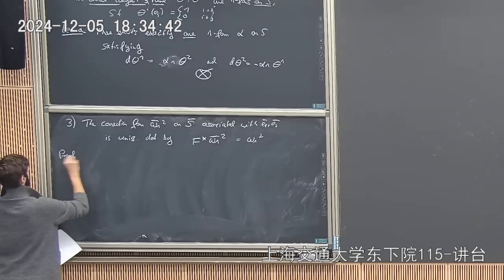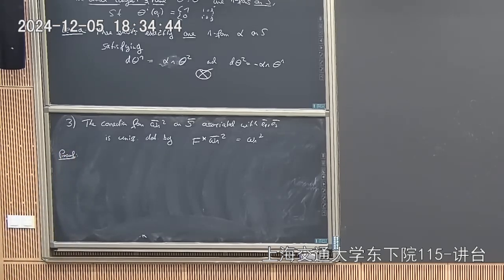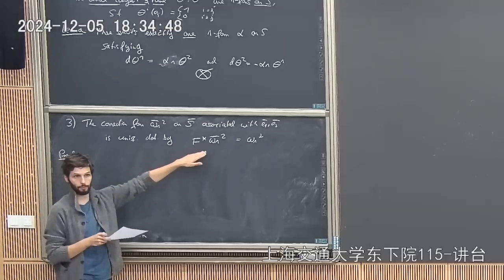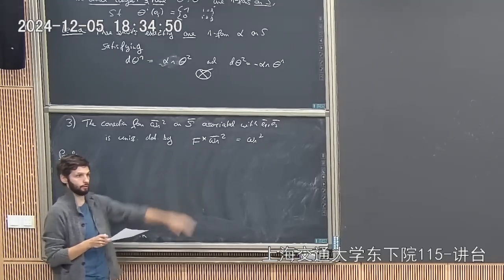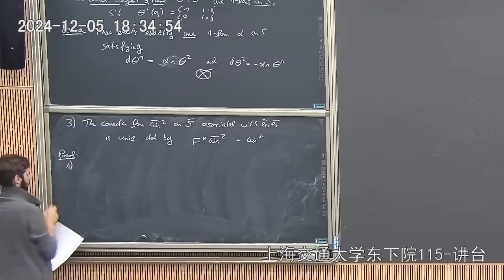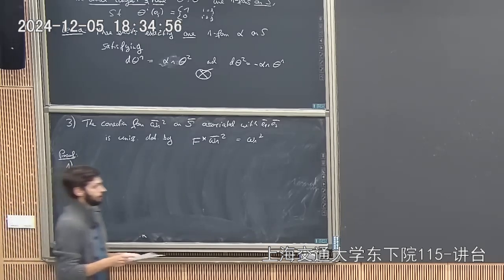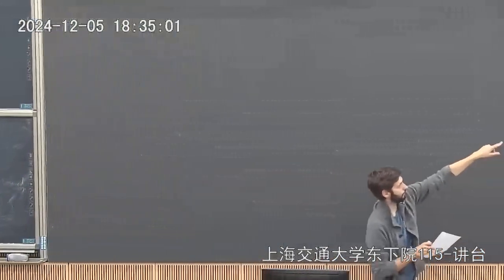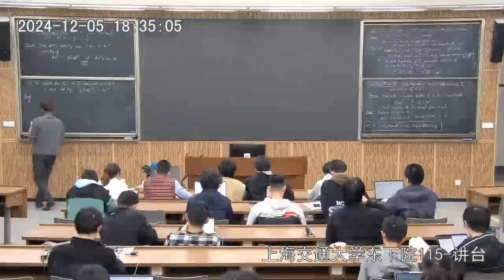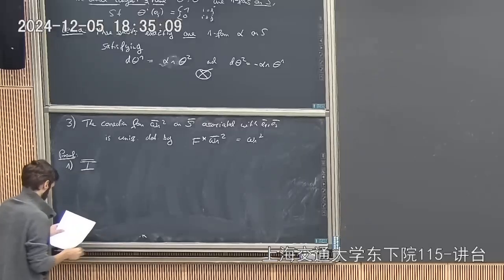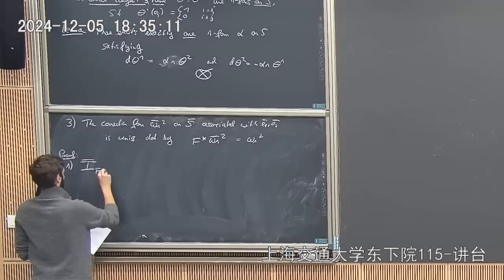So the proof turns out to be quite simple once you are a bit familiar with the pullback operations and the acrobatics that we learned about. The first one is we have to show that these vectors that we define here, E1 bar and E2 bar, are orthogonal with respect to the first fundamental form.